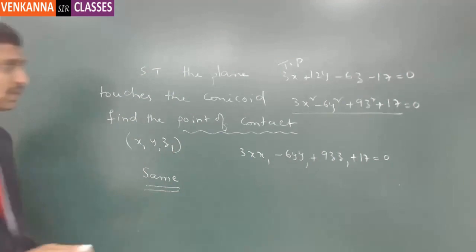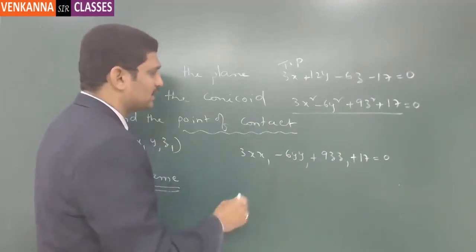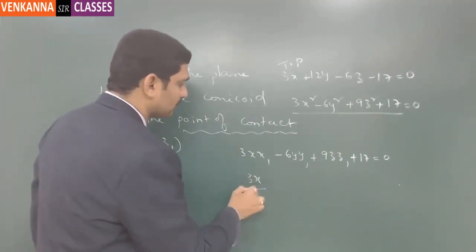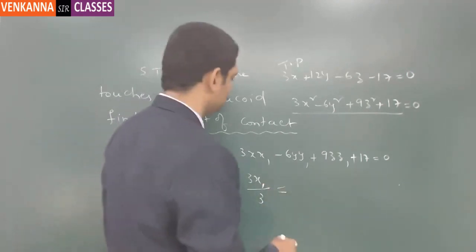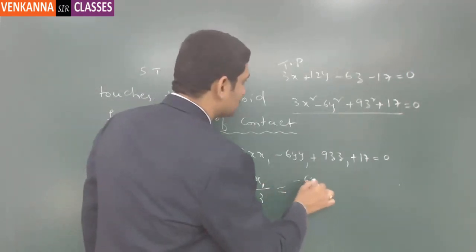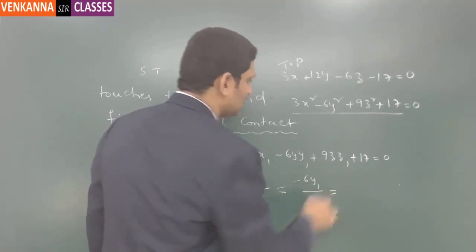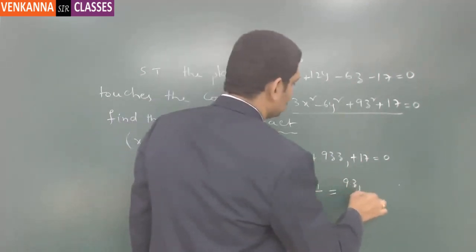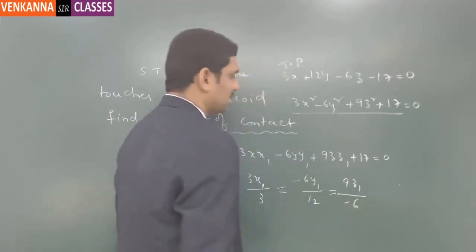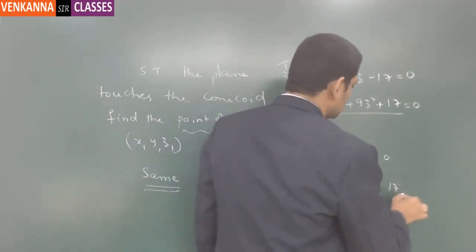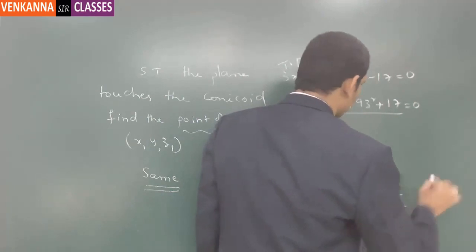From this, comparing x by x values, 3x1 by 3 equals minus 6y1 by 12 equals 9z1 by minus 6 equals 17 by minus 17.